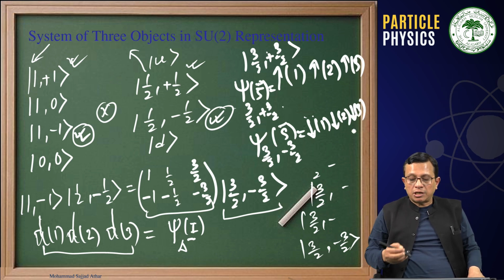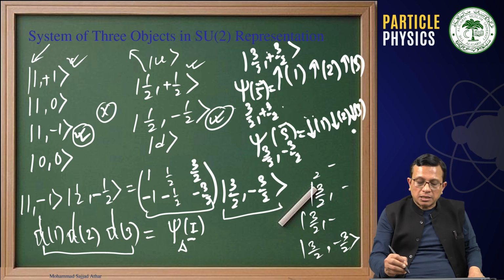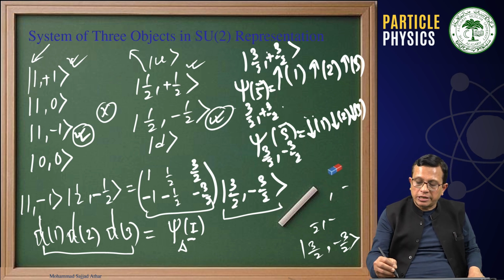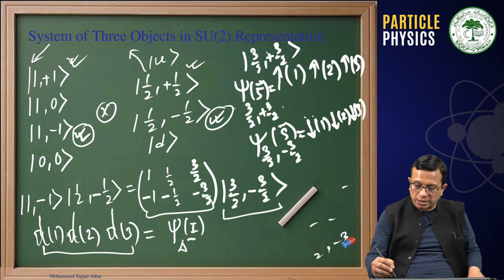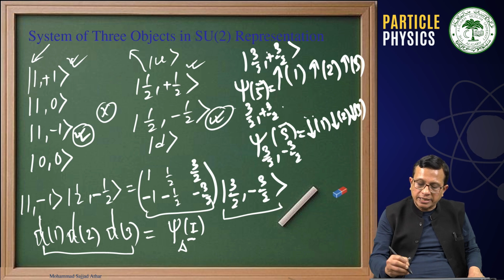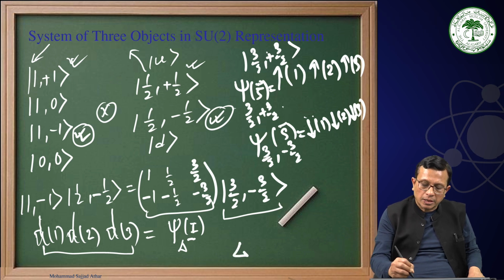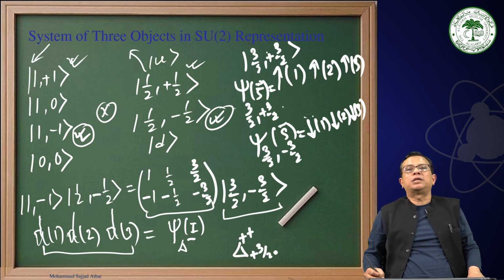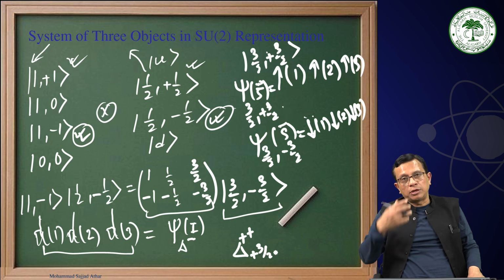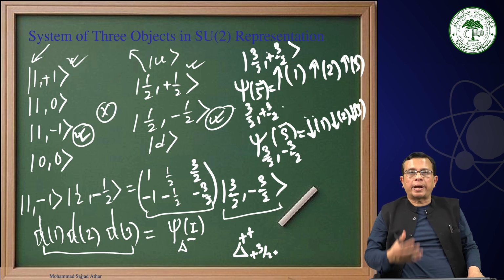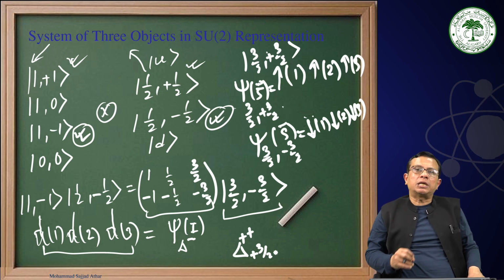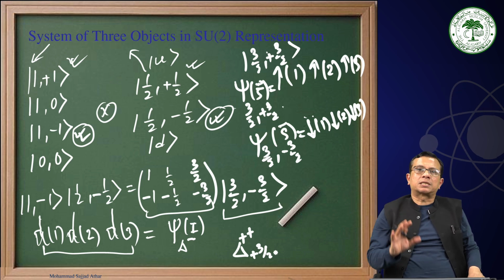Now if I put spin and isospin together and talk about a delta plus plus in spin plus 3 by 2 state, that means I know a priori the spin projection of delta plus plus, and I am telling you that it is plus 3 by 2.